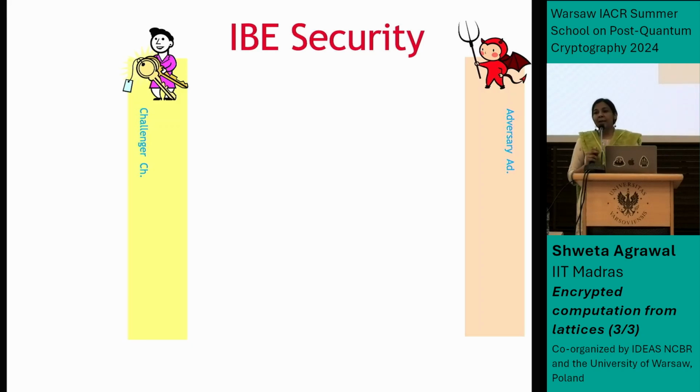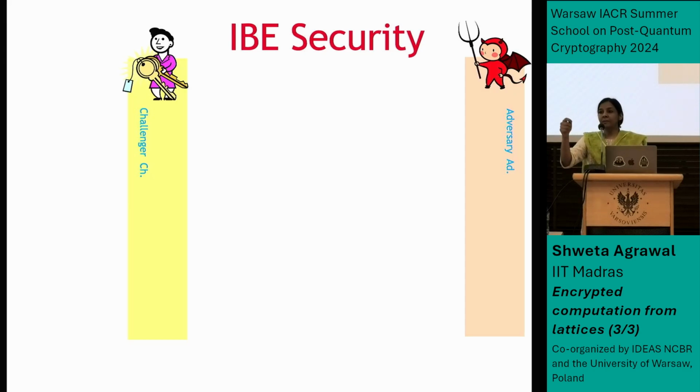Okay, so now let's see how to define security. Now security also becomes much more non-trivial to define as compared to any old public key encryption scheme. So in public key encryption, how does security work? What is the definition, right? You have a challenger and an attacker, and the attacker receives the public key.